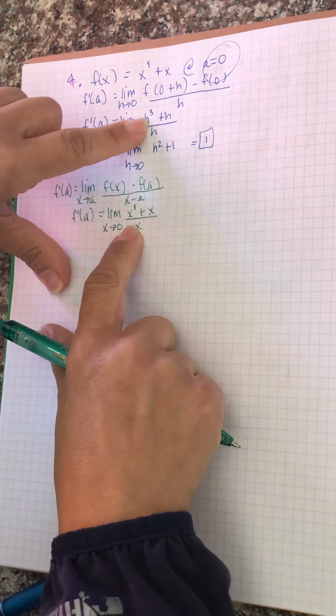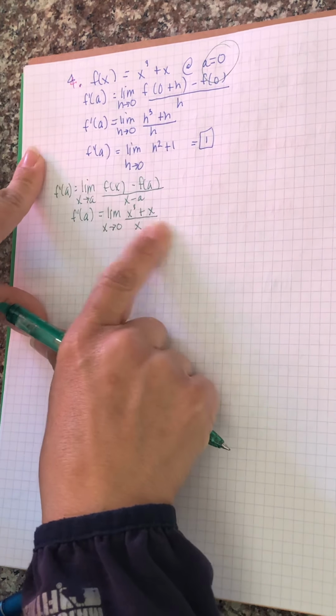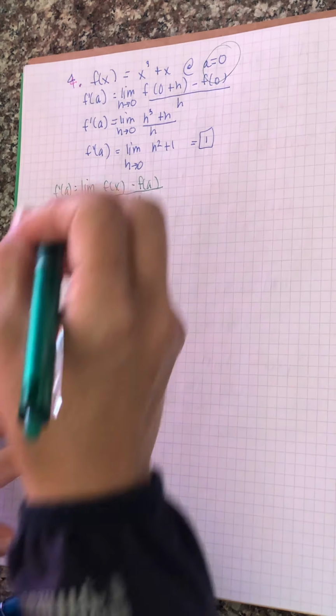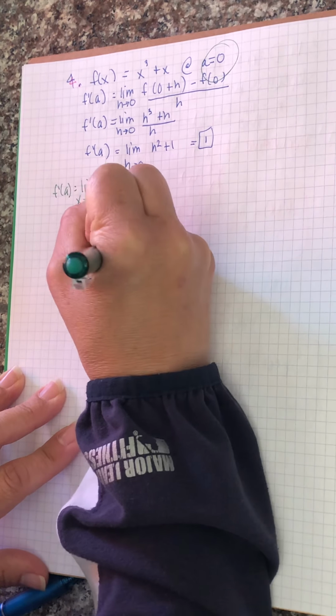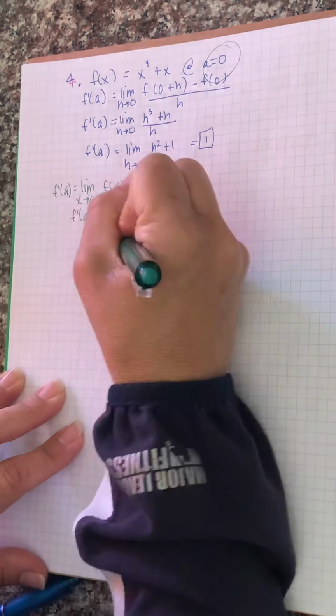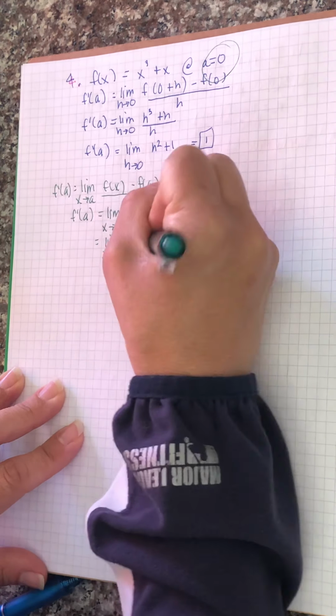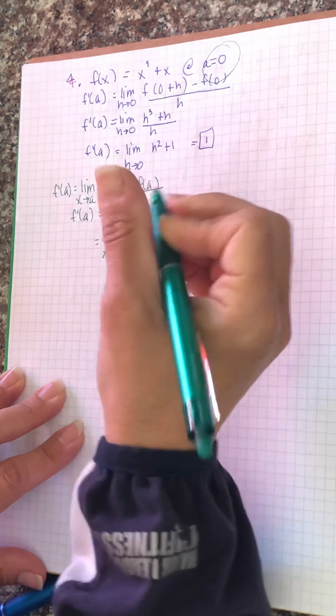See this? h cubed plus h over h, x cubed plus x over x. So this is equal to the limit as x approaches 0 of x squared plus 1, which is indeed 1.